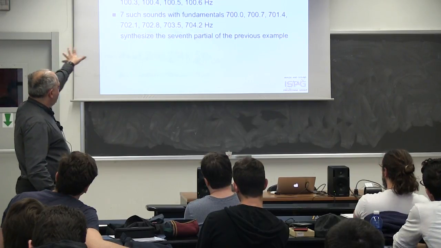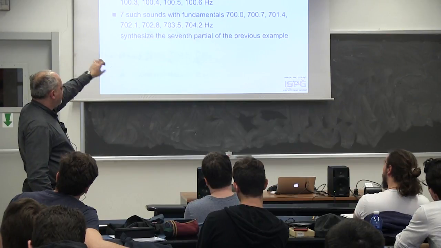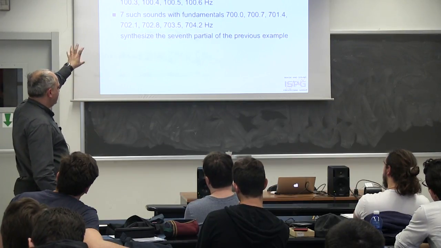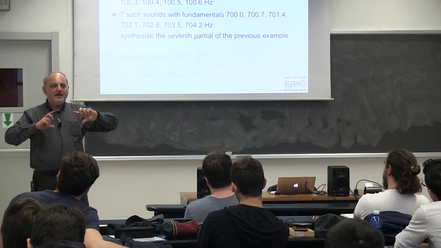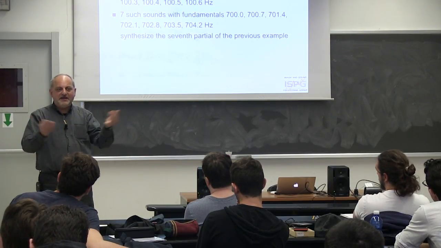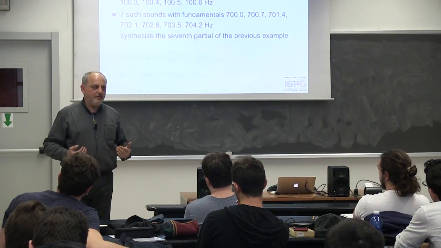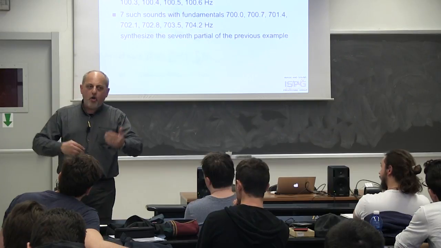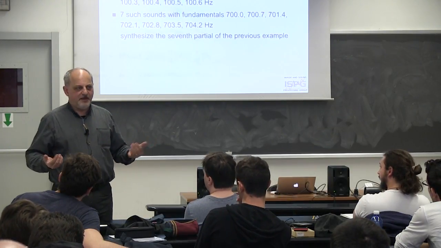So now we're playing around with 7 of such sounds with different fundamentals: 100, 100.1, 100.2, 100.3, 100.4, 100.5, and 100.6. Each one of the harmonics will beat at completely different frequencies because they will be proportional to the fundamental. So they will form all forms of musical beat patterns at the end.